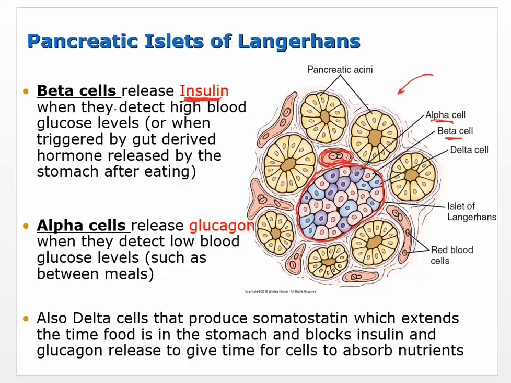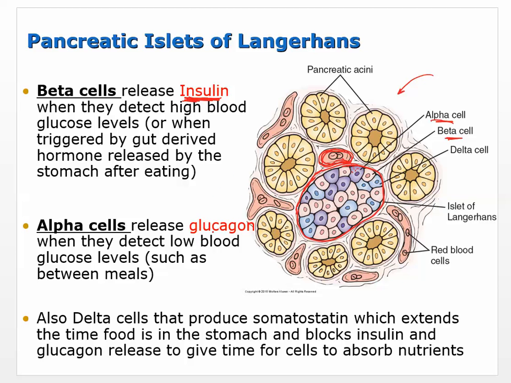So beta cells release insulin when they detect high blood glucose levels, or when triggered by gut-derived hormones released by the stomach after eating. Sometimes when we eat, sometimes even when we smell food, we'll have this increase in insulin release because it's getting ready for this spike of blood glucose that it knows is coming.